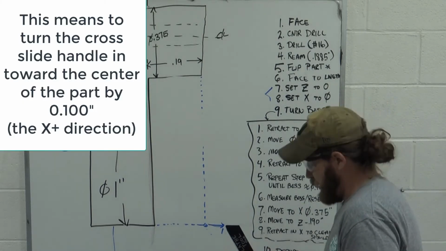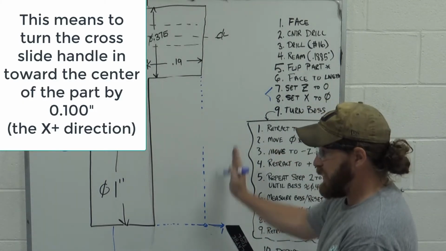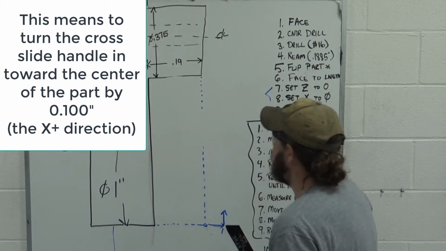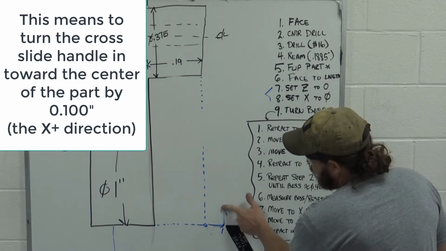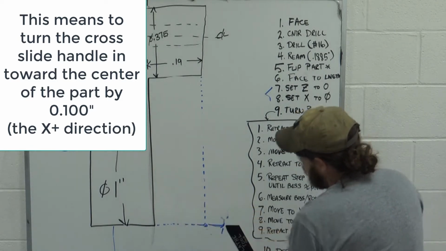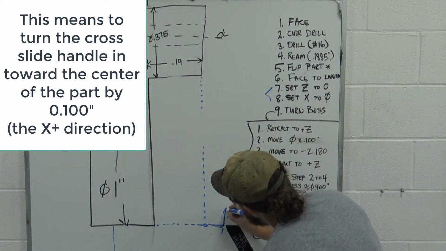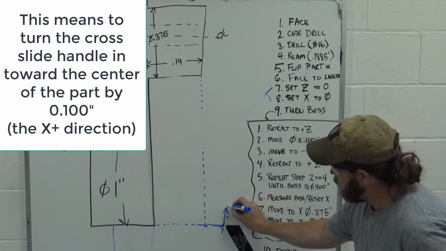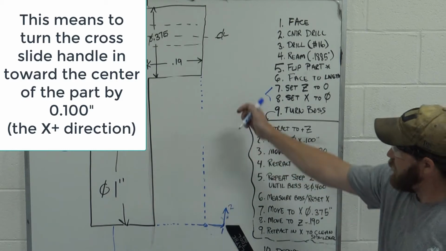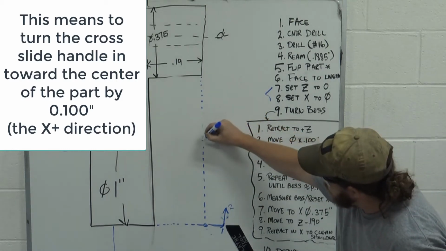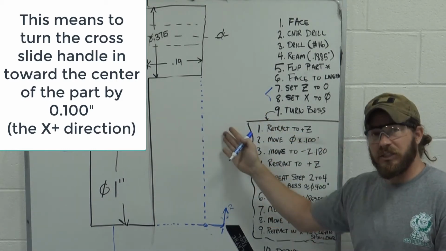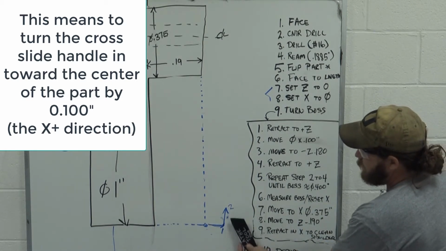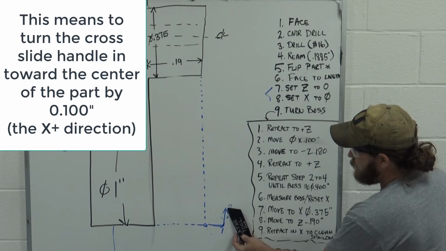Remember, X is going this way, so we're essentially going in this direction. Again, we're out in front of the part. This dashed line is the front of the part. So step 2 will go in here.